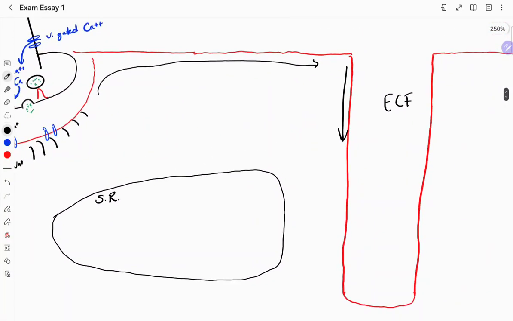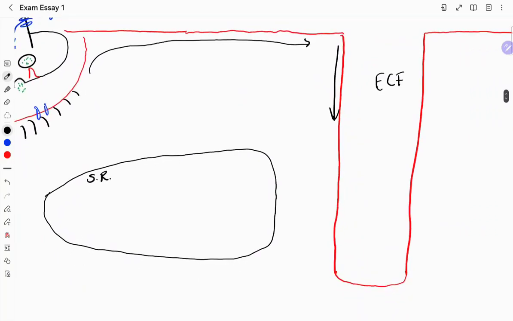Now, as this action potential propagates along the cell membrane, we have a type of calcium voltage gated channel called DHP. That's in the cell membrane.